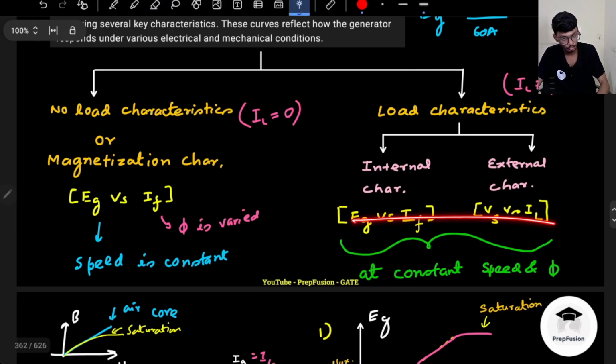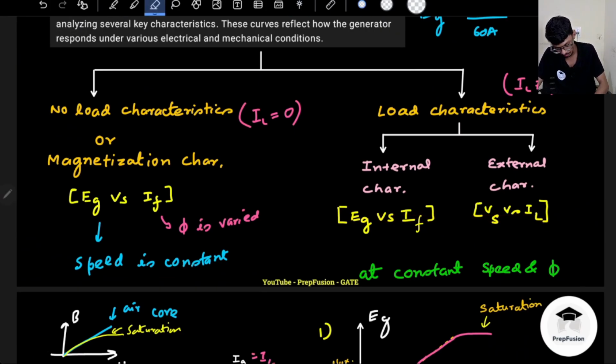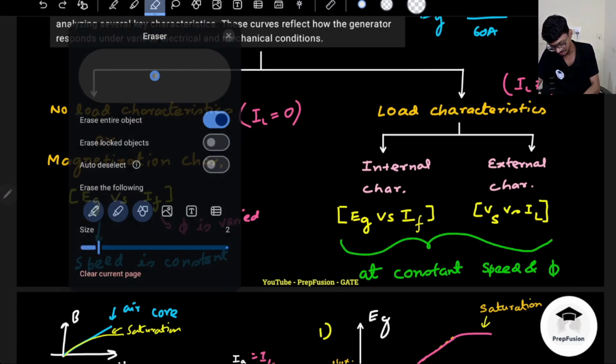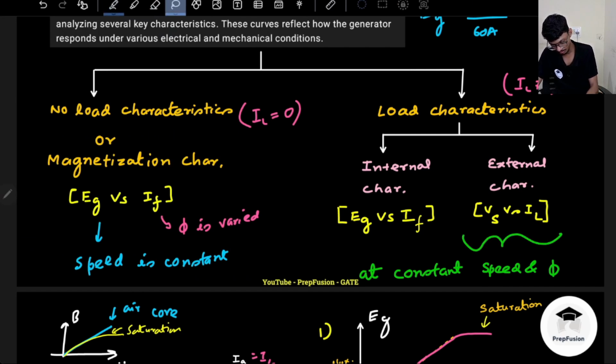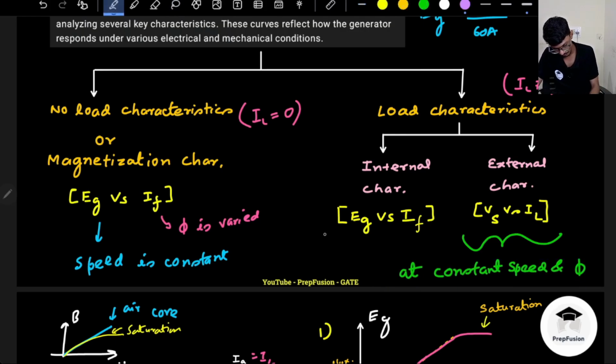In both the cases, load current will be non-zero, but in the first case the speed will be constant and the load current, that is IL, will be constant.